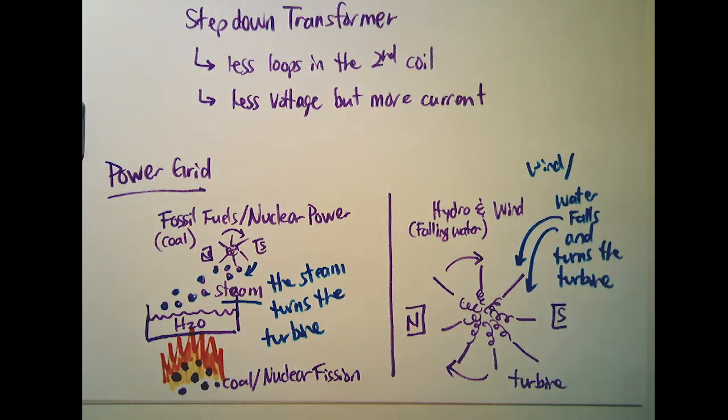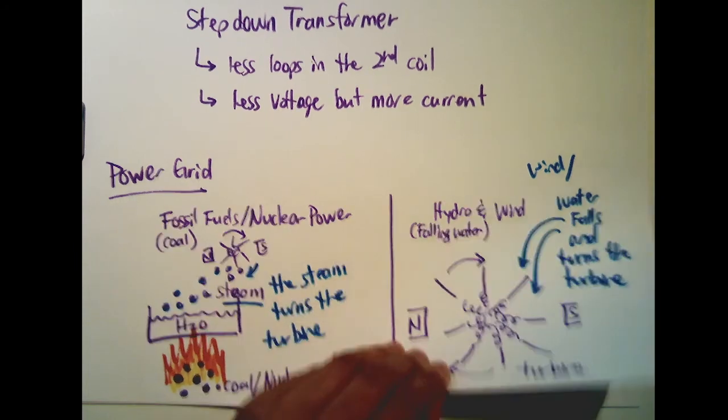So the next step is, how much energy does this generator typically generate? Well, all generating power stations typically generate about 20,000 volts. Okay, so this is from your generating station.